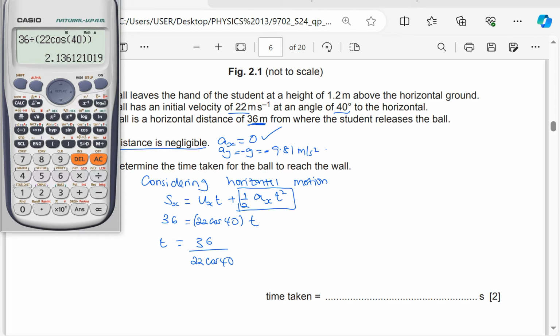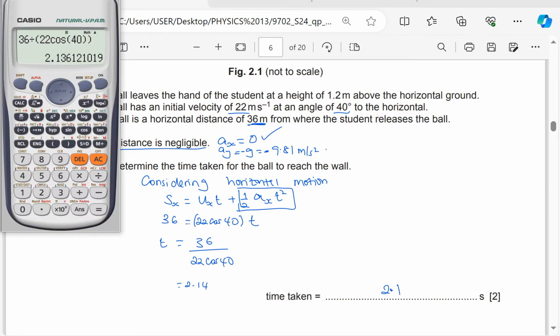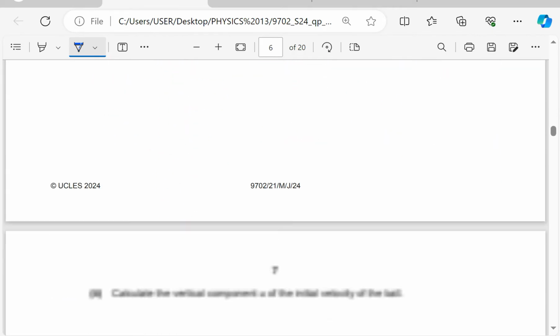So this is 2.14, or I can just write two significant figures such as 2.1. So I'll say t is 2.1. So the examiners will decide on the tolerance, but 2.1 would be correct, or 2.14, I think 2.14 seconds. So that is the time taken.